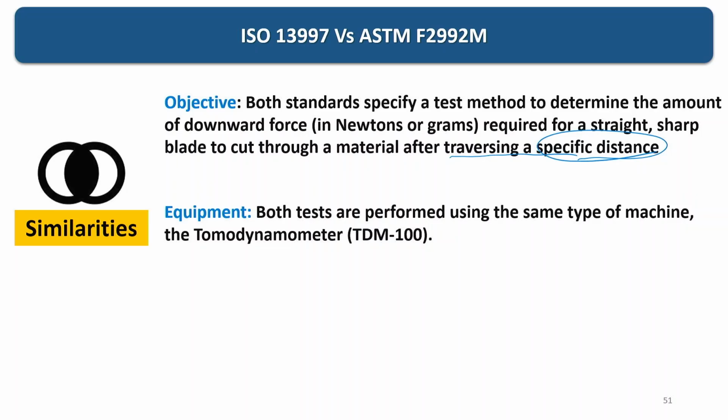The equipment is the same for both. In ISO and ASTM, we use the TDM method, where a TDM 100 tomodynamometer instrument is used, and the test is performed using the same type of machine.